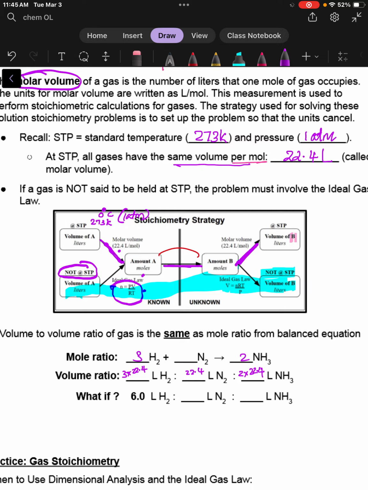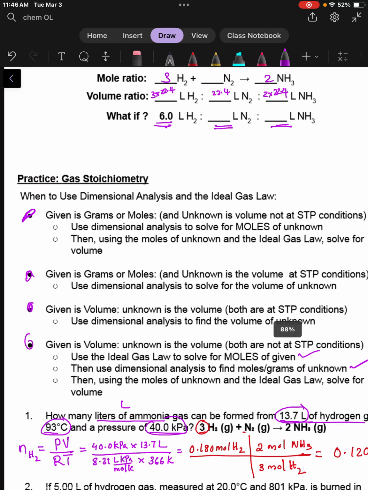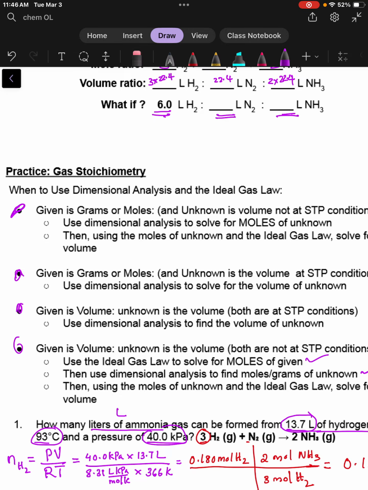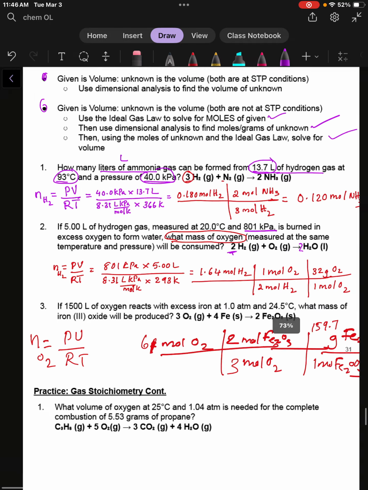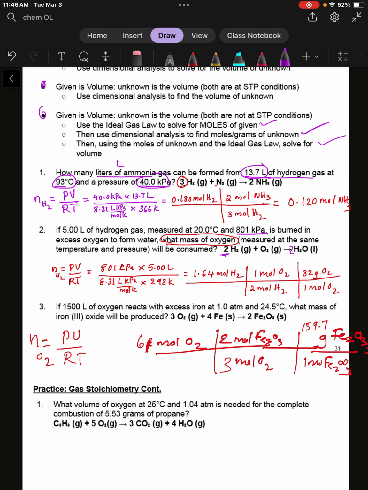But since it is molar volume, the ratio will always follow the mole ratios. If it is 6 liters, this will be double of that, then this will be 2 liters, and this will be 4 liters. Don't worry about that, we are going to calculate it. So these are the steps. Sometimes you will feel like this is too much, we don't want to read it. Then don't read it. Let's go do some practice.